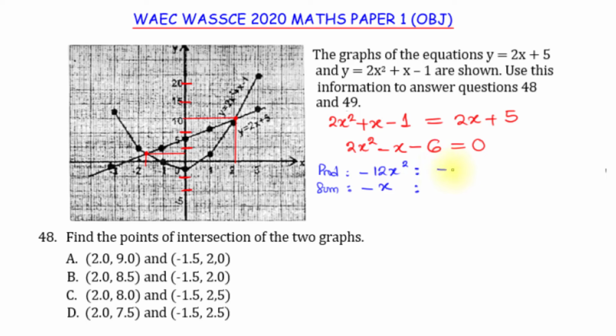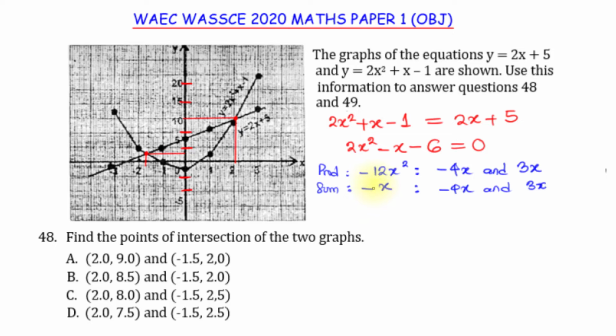I can consider minus 4x and 3x. If I'm using that, I know that minus 4 times 3, that is minus 12. X times x, that's x squared. So I'm good. Now, if I sum them, minus 4x added to 3x will still give me minus x. So I think that is a very good thing to use.